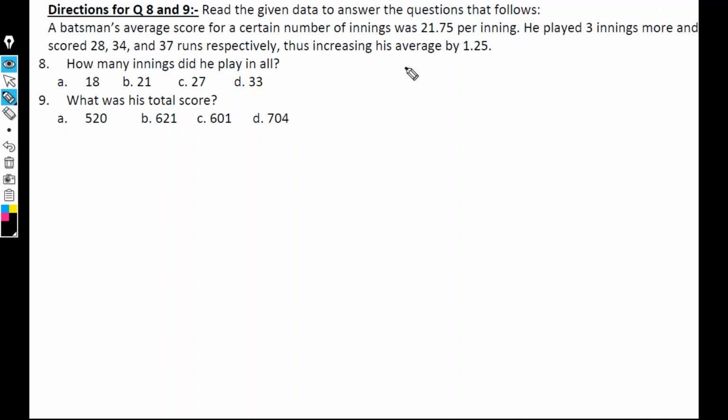Right, Harshita. Right, Ashirvad. Right, Soumya.